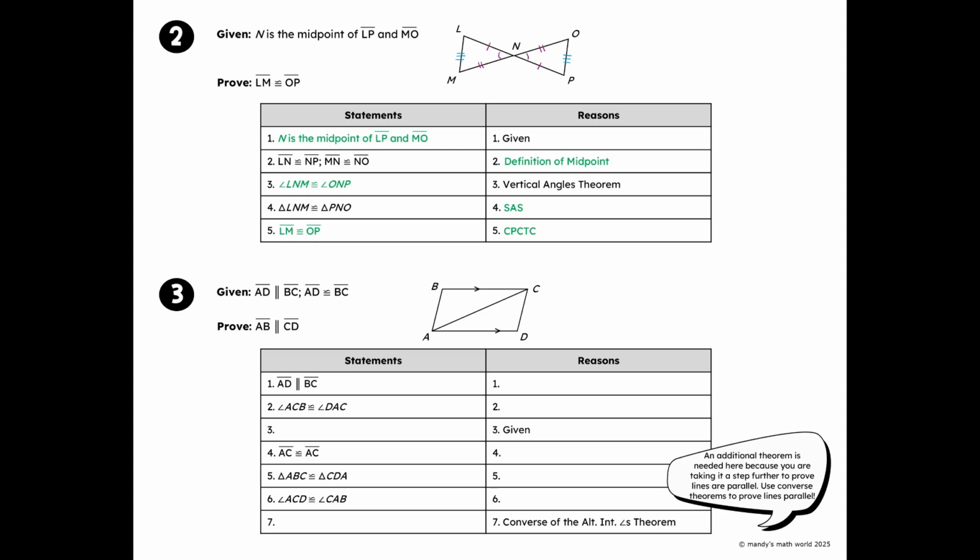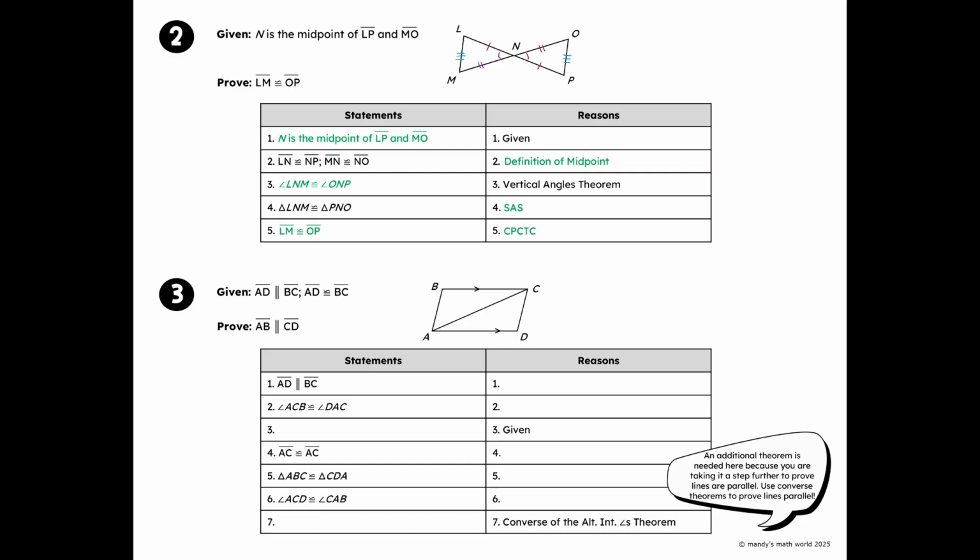Okay, and number 3, this is our last and final example, and it's a little bit more difficult than the previous 2 examples because we are given, first off, that segment AD is parallel to segment BC. Okay, so we're probably going to be looking at some alternate interior angles or something like that.